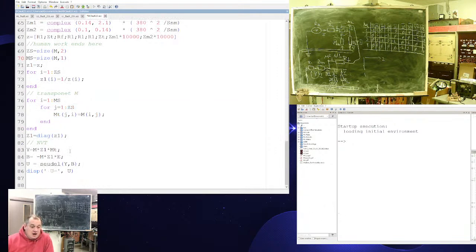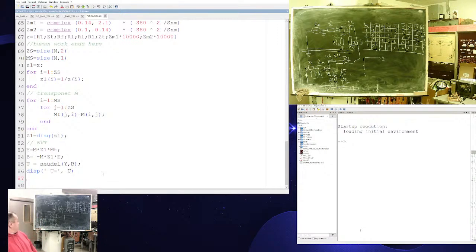Here I'm calculating the nodal admittance matrix. I have no current sources here, that's why the I vector is not present. I call my Z function to solve the system of linear equations, and I will get voltages of my symmetric components.